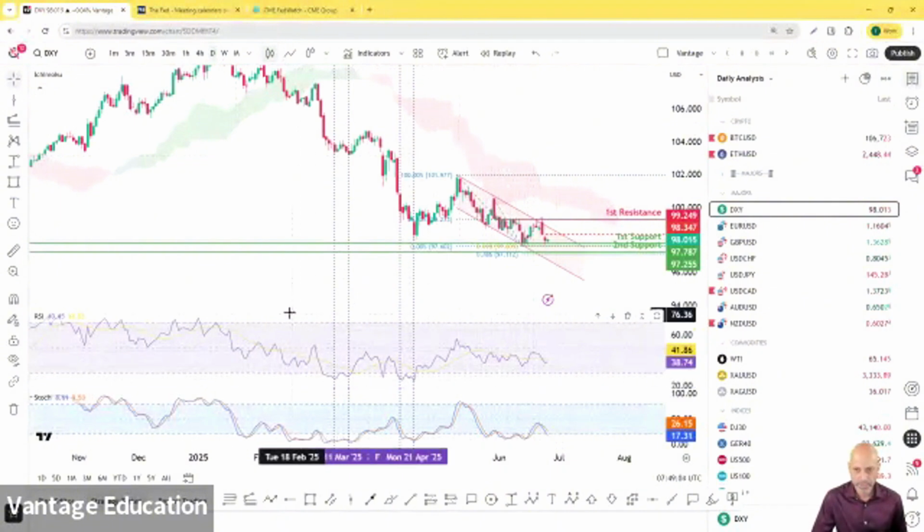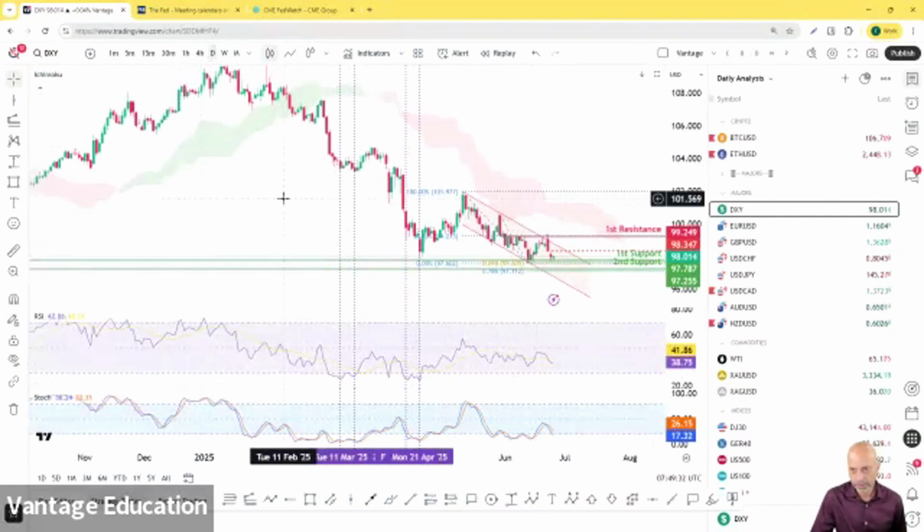We're not seeing a very significant oversold condition as what we've seen between 11th and 18th of March, and of course between 11th and 21st of April, right? So take note of these oversold conditions as well on a daily time frame, because they really help us to prevent aggressively chasing or shorting the dollar index here in the current situation.